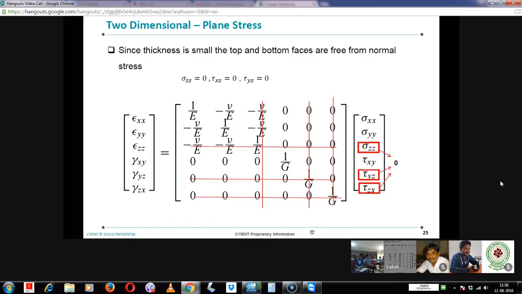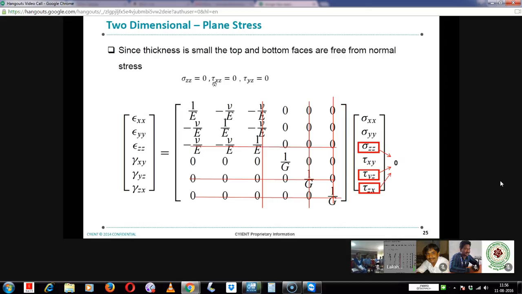Now coming to the stress-strain relation equation. Since the thickness is small, the top and bottom faces are free from normal stresses. That means there won't be any stresses along the z direction, and there won't be any strains along xz and yz directions.